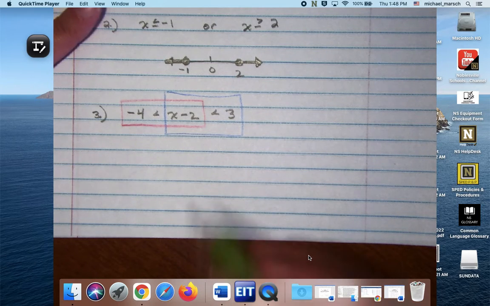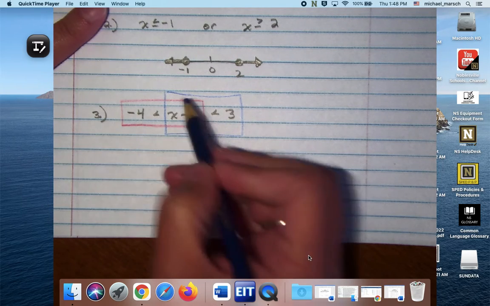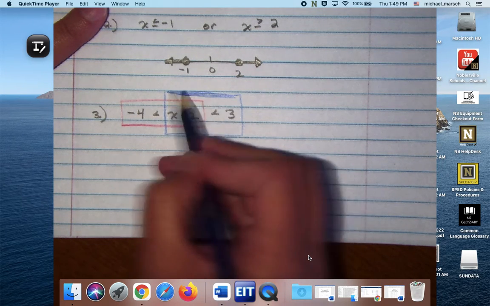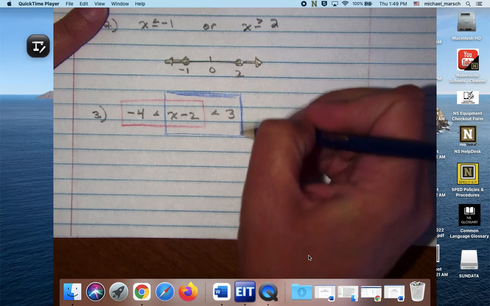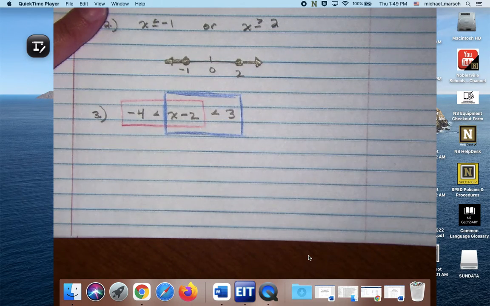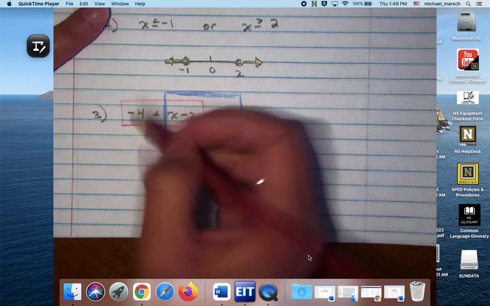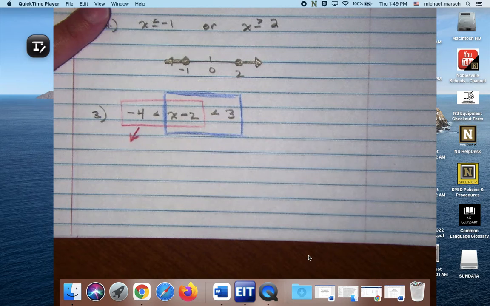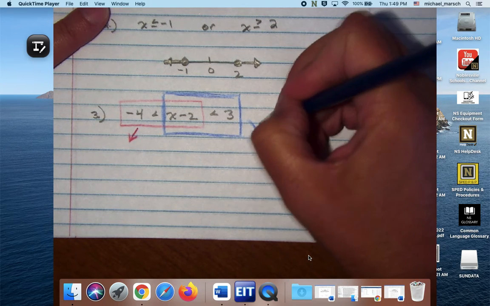What if you don't have blue? I'm sorry? What if you don't have blue? Use any color. It doesn't have to match mine. Just as long as you have 2 separate colors so you can see the difference. Right? So in order to solve this, I'm going to solve a red inequality and I'm going to solve a blue inequality.